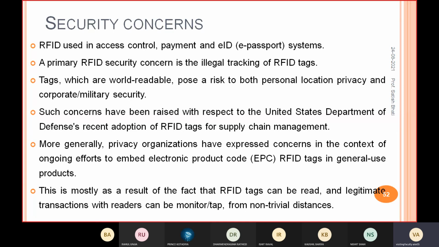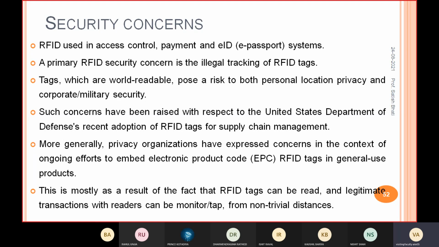More generally, privacy organizations have expressed concern in the context of ongoing efforts to embed EPC RFID tags in general use products. The main aim of the EPC is to provide some security.